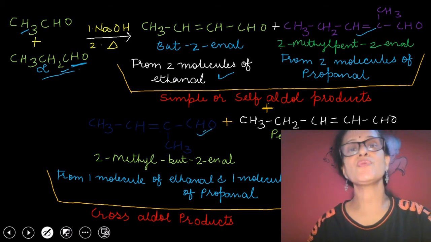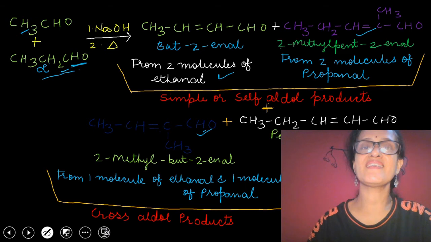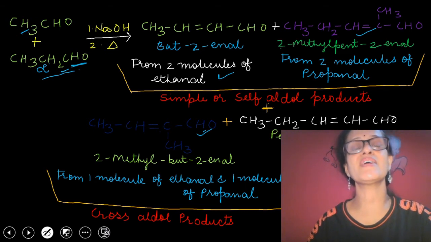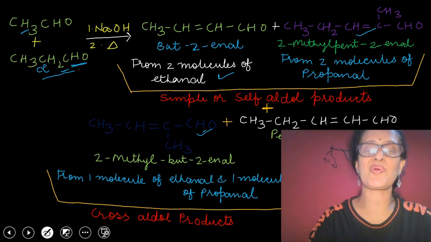So when 2 molecules of ethanol react together, you will get a self-aldol product. Similarly, when 2 molecules of propanol react together, you will get a self-aldol product. But when 1 molecule of ethanol and 1 molecule of propanol undergo aldol condensation, you will get a cross-aldol product. We will see the formation of 4 different products by the reaction between a mixture of ethanol and propanol.